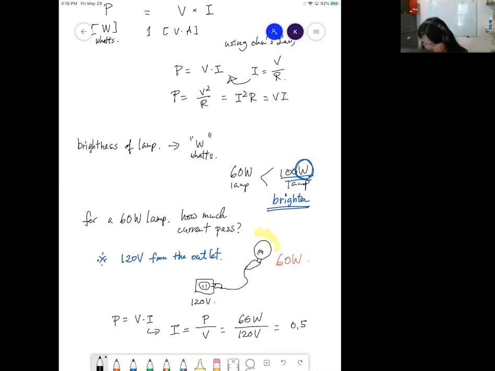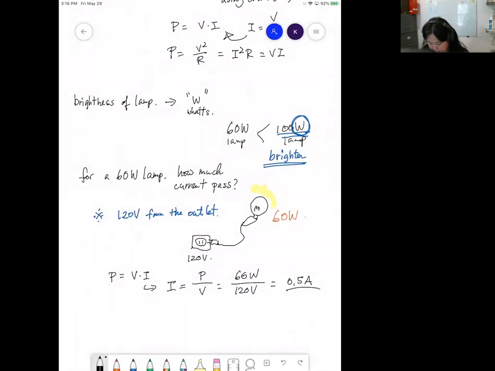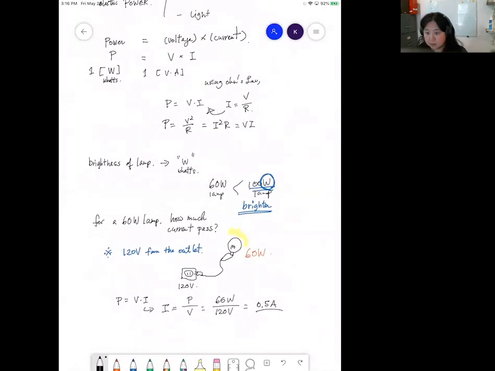It's 0.5 ampere. So that's how you can calculate how much current is passing through, and that's how much current it can tolerate too.